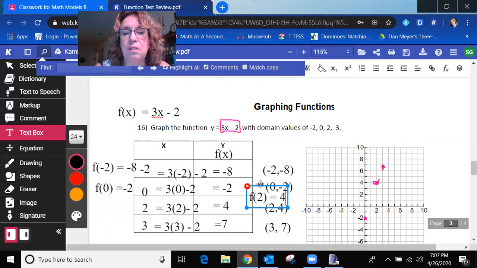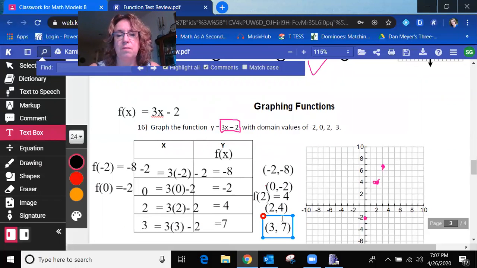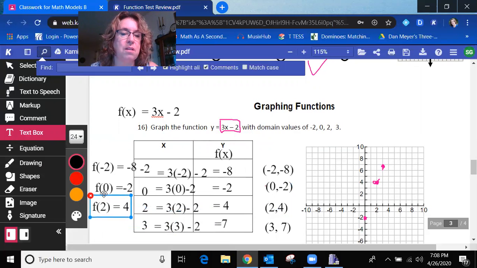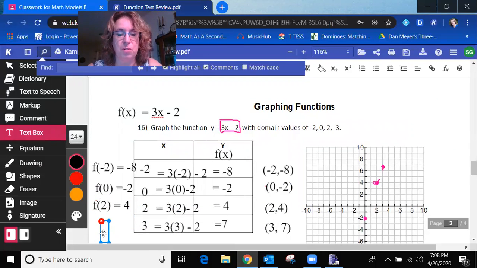But look at the relationship between those two notations. This is the x, and this is the x, this is the y, and this is the y. Maybe it's too much stuff right there. Where's my cursor? Let's get this out of the way. And just because we're doing all of them, f of 3 equals 7.